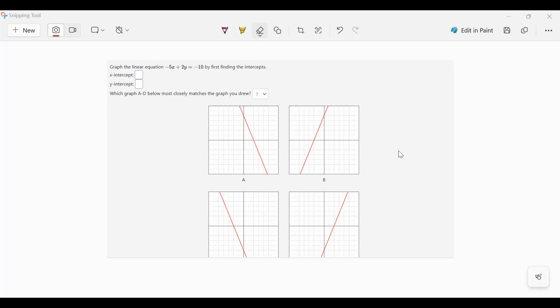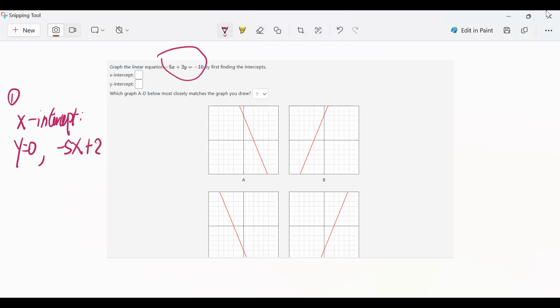Okay, guys, let's go over the solution to this question. So we'll start with the x-intercept. For the x-intercept, we set y equals 0 and solve for x. Going back to the original equation, we plug in y equals 0: minus 5x plus 2 times 0 equals negative 10.